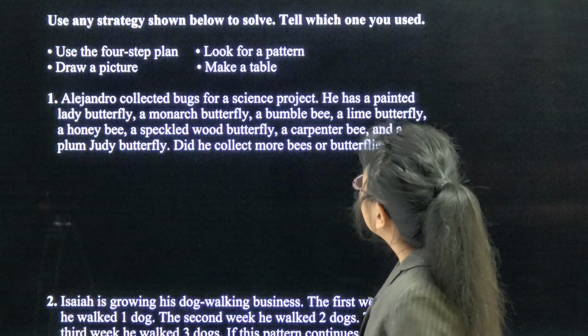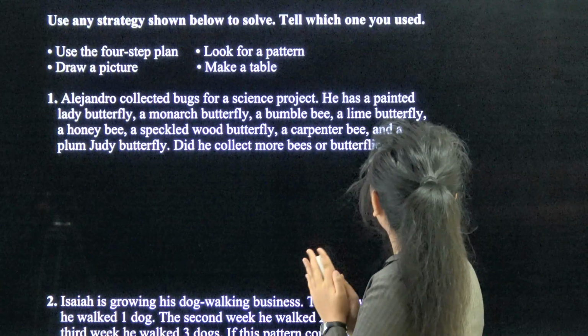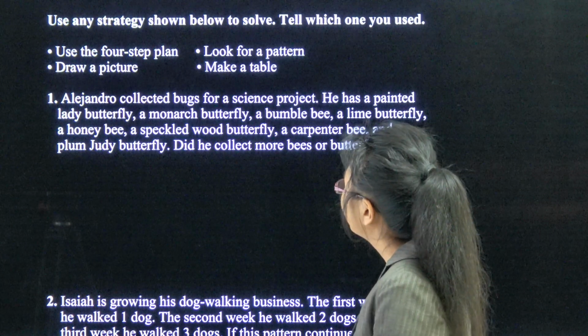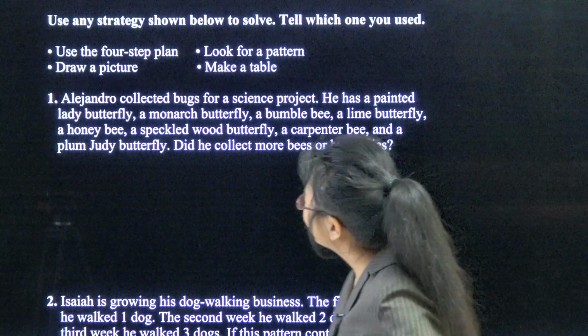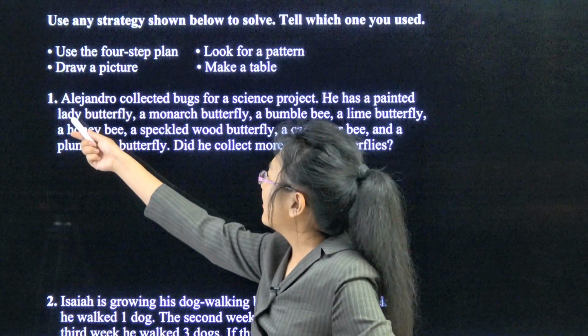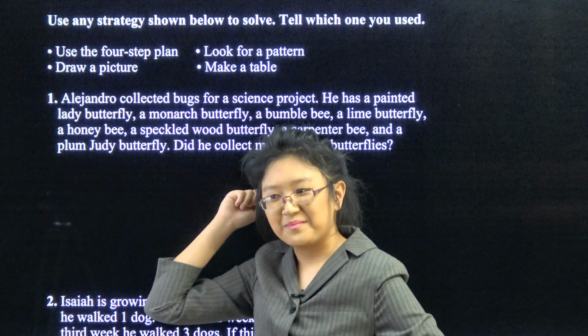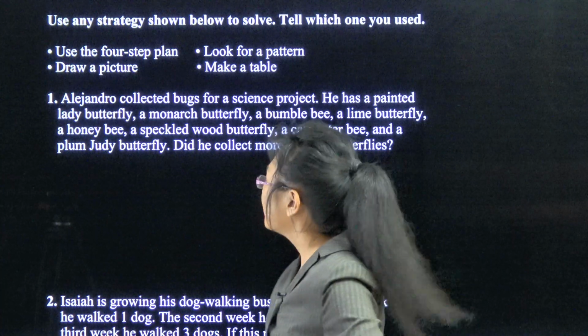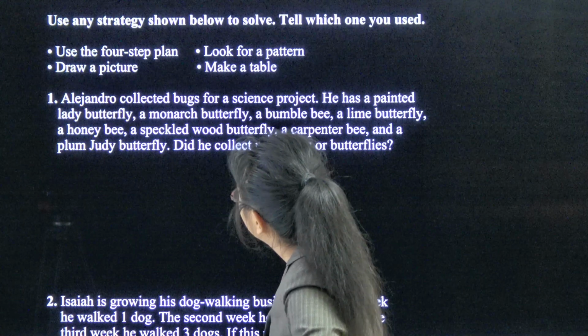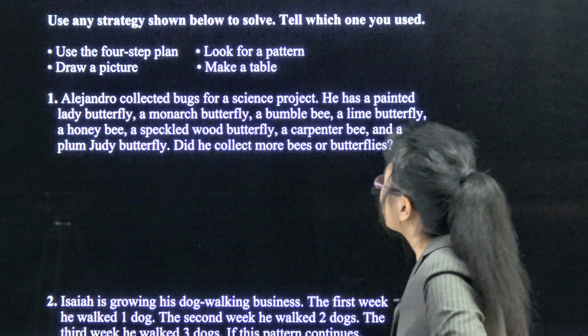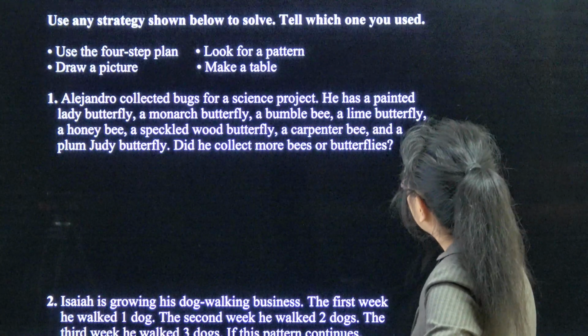Now, we can use any strategy shown below to solve. Tell which one you used. This one is a bit of a foreign name, so excuse me if I mispronounce it. Alejandro collected bugs for a science project.